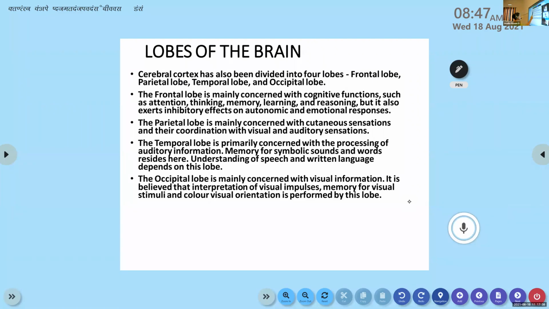Cerebral cortex has also been divided into 4 lobes. Please take down the names: frontal lobe, parietal lobe, temporal lobe, and occipital lobe.